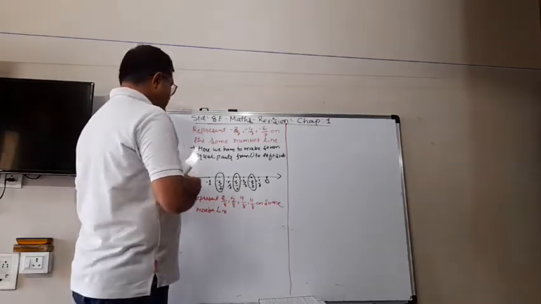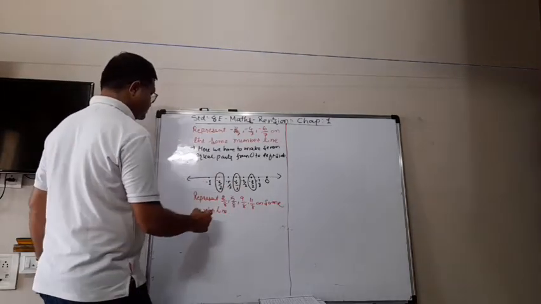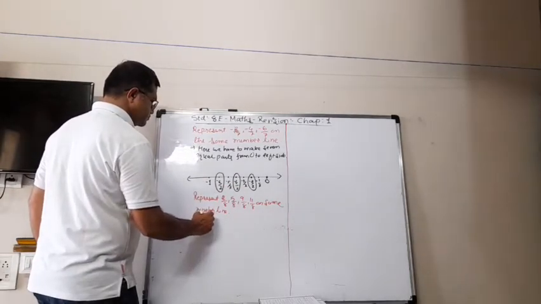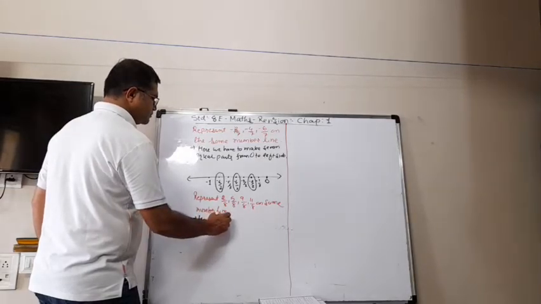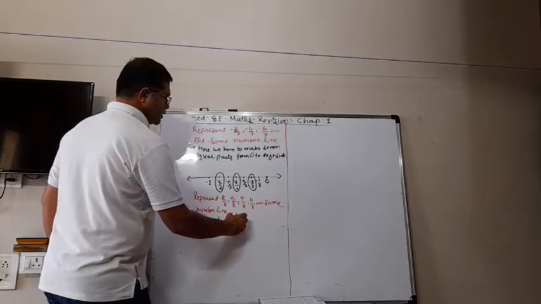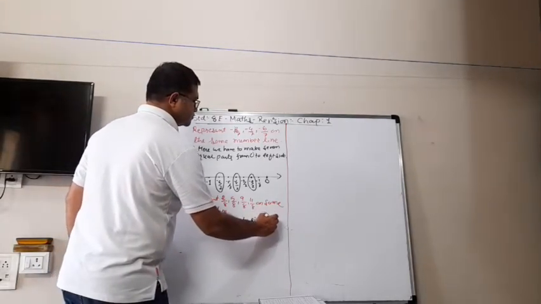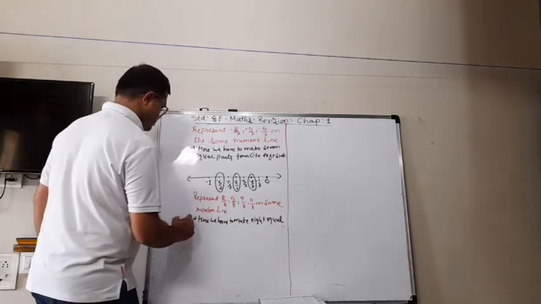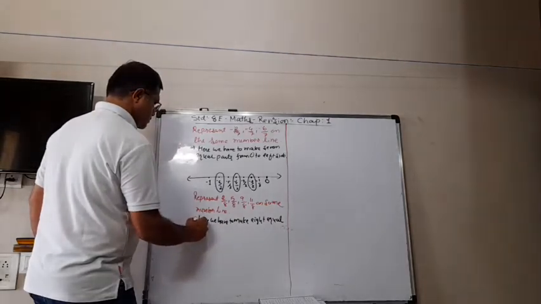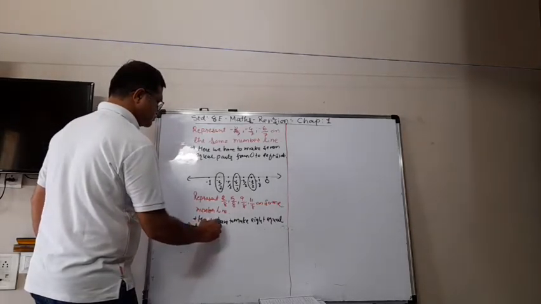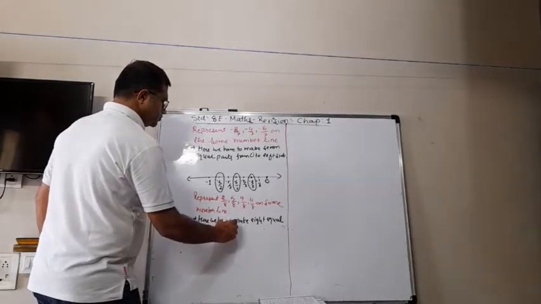So here we have to make 8 equal parts between 2 integers.